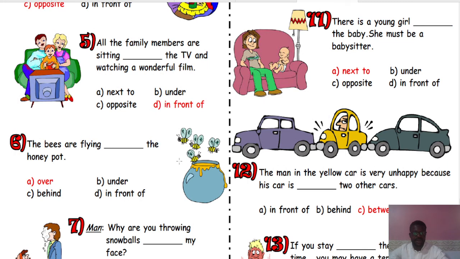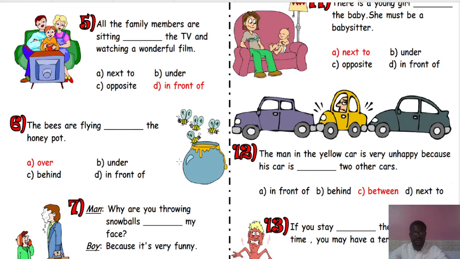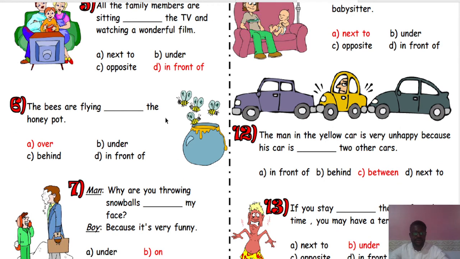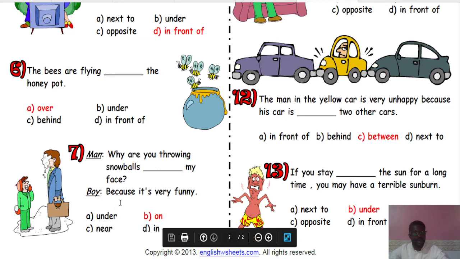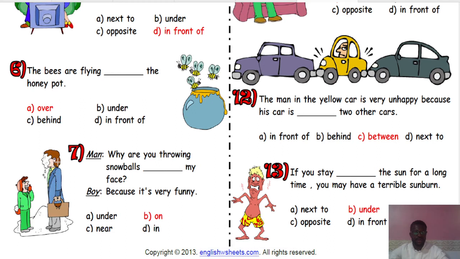The bees are flying over the honey pot. See, the bees are flying over the honey pot. Number 7, why are you throwing snowballs on my face? Because it's very funny. He threw the snowballs on the face of the man.